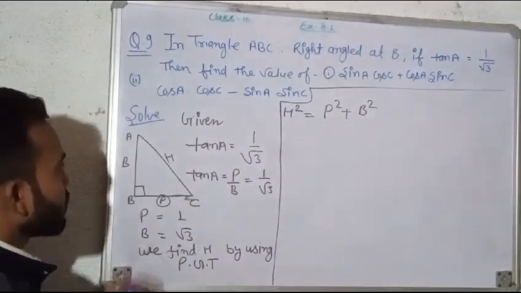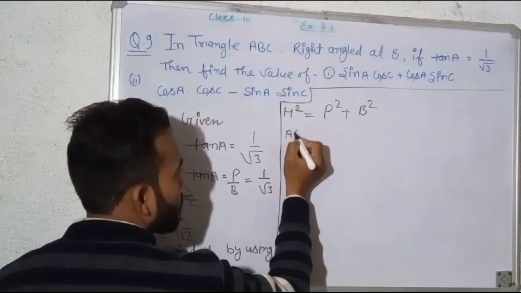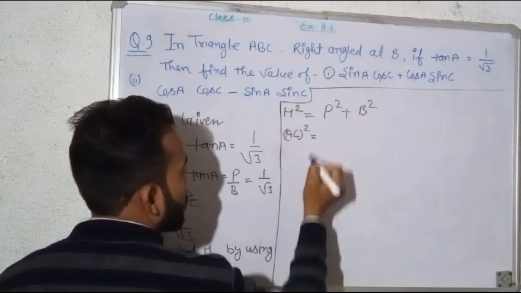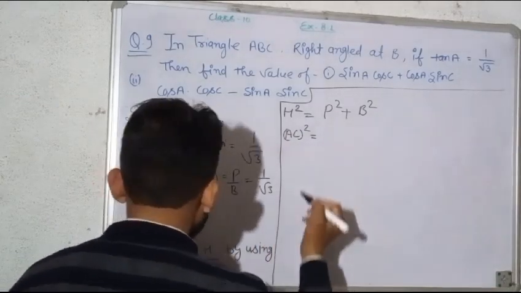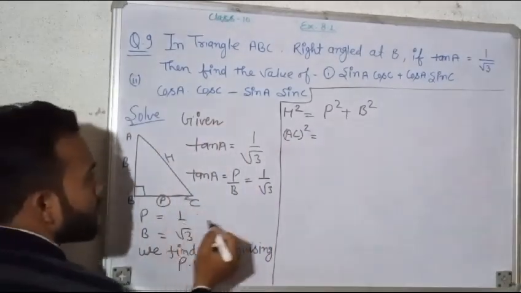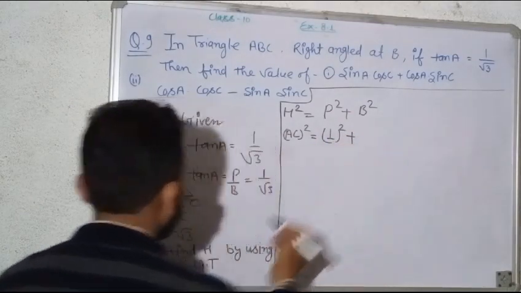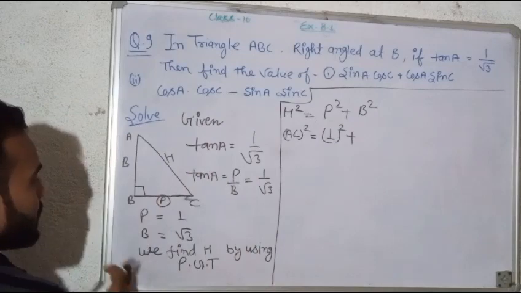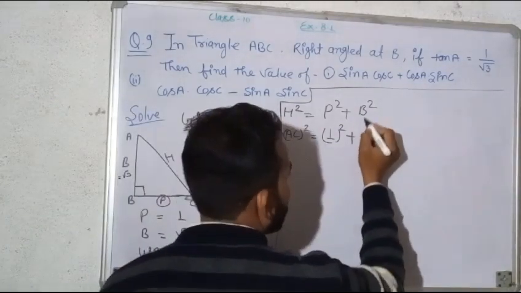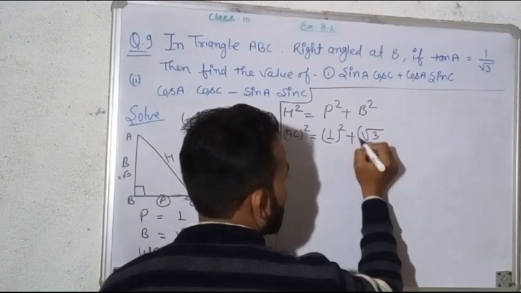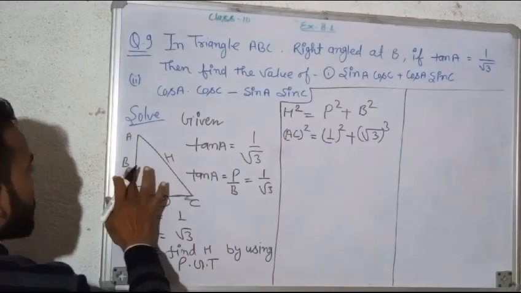Here hypotenuse is AC, so AC square is equal to perpendicular BC, so perpendicular square is 1 square, it is given, plus base AB is equal to root 3, so base square, that means root 3 square. Clear? Any doubt?